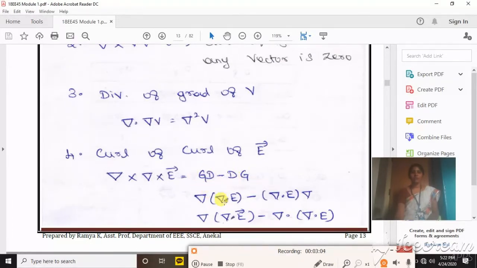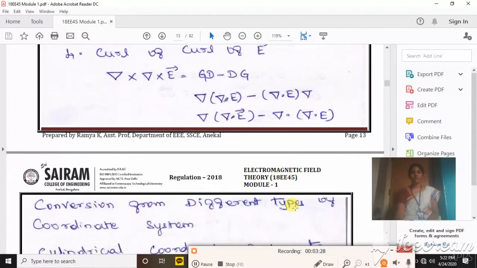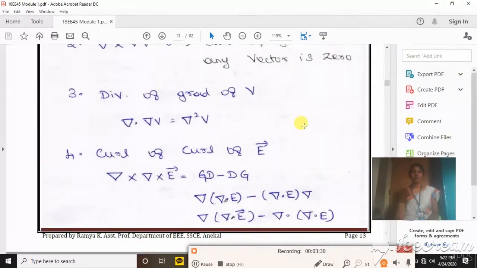In the place of D, you can write divergence of any vector quantity, and G is nothing but the gradient vector. So we will get grad of divergence E minus divergence of grad E. When you simplify, we can write it as grad of divergence E minus del square E. So it is nothing but curl.